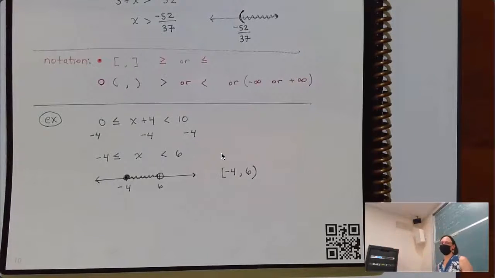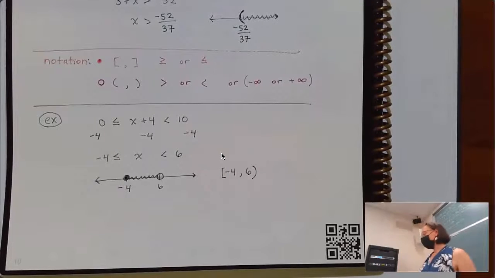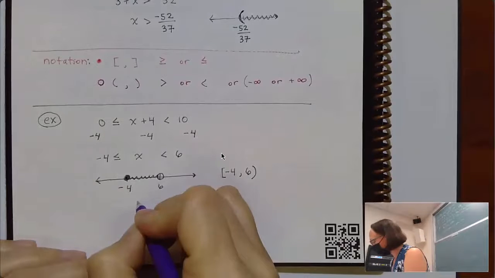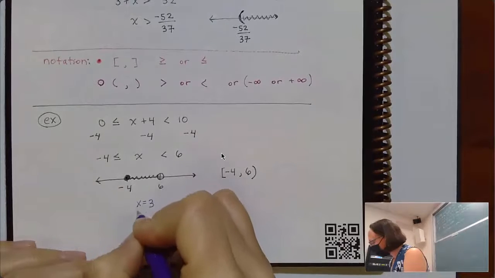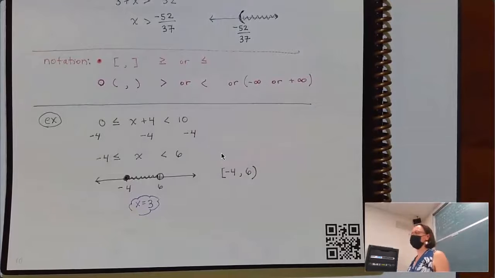Excellent question. Somebody pick a number, any number between -4 and 6. 3. So if we take 3 and we plug it into the original inequality, we hope that it's true.